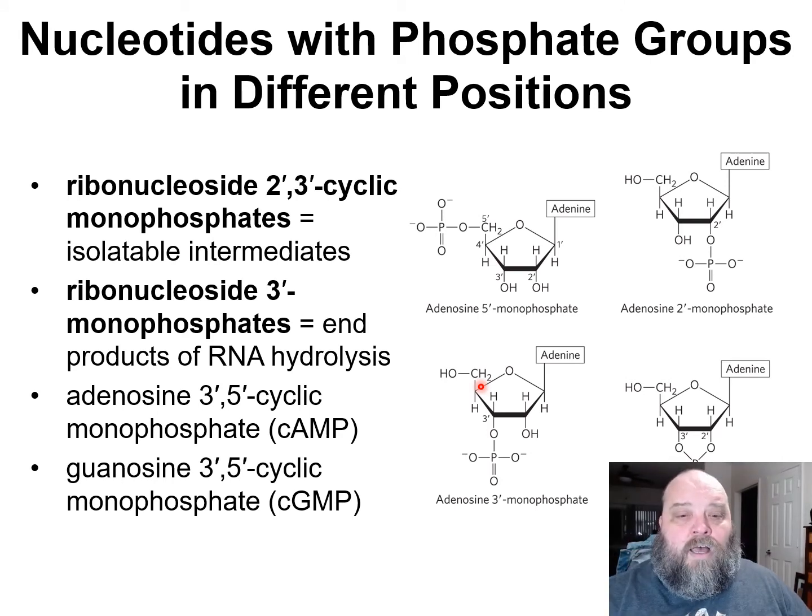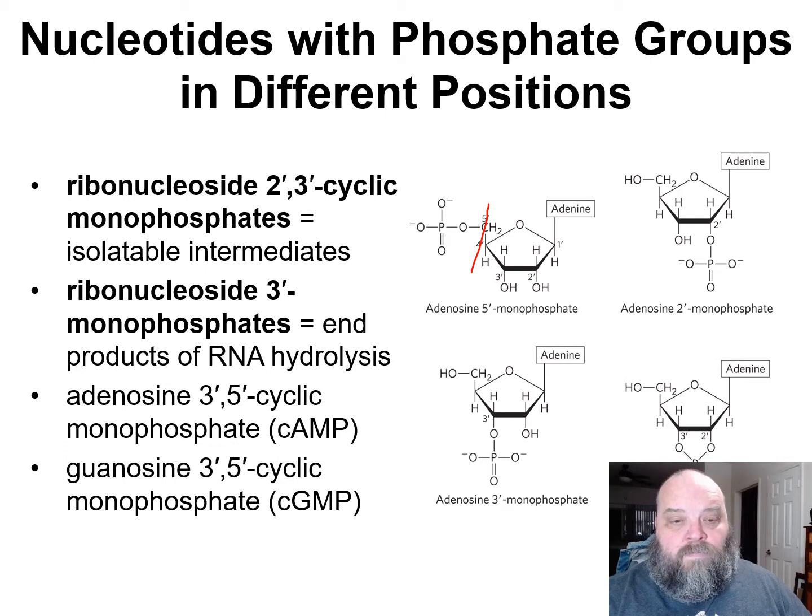When they go to cut, they don't cut right here, so you end up with the true nucleotide, the nitrogenous base, the sugar, the 5' phosphate. No, what they're going to do is cut in such a way, they're cutting right here. They're going to cut, boom, right there.